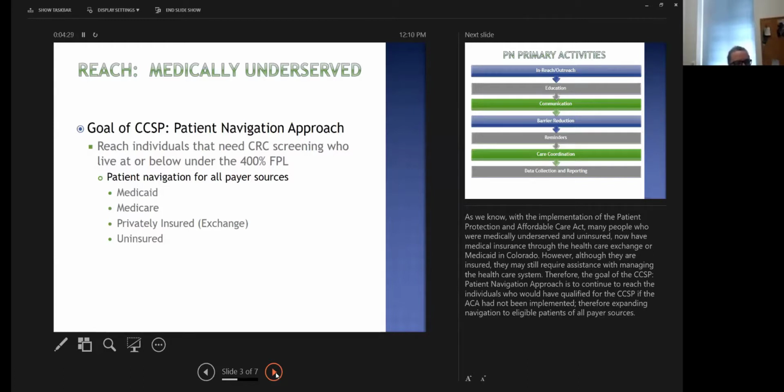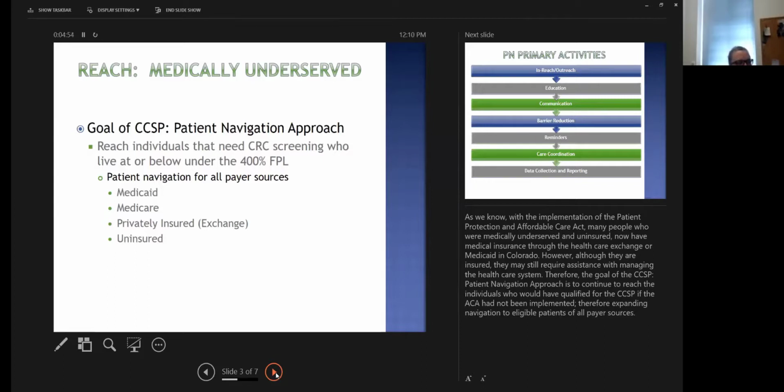So we saw the power of navigation in a happy accident. But in the end, we saw the principles of navigation could be very much applied to breast, cervical, and colorectal cancer screenings. And probably as much as anyone throughout the country, we have a dedicated approach to doing this, and one of the largest preventive screening navigation programs, with a statewide approach, working with the medically underserved.